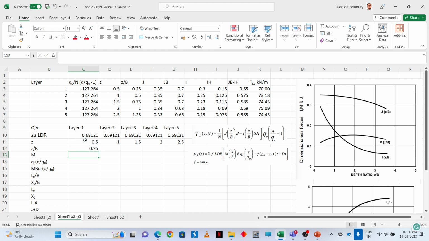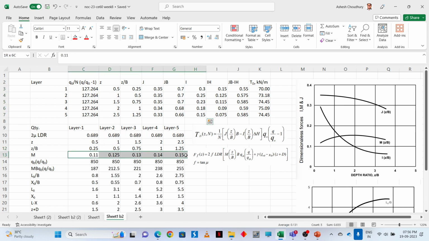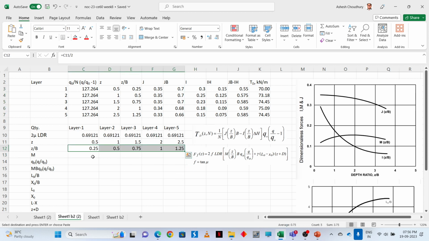Z by 2 plus B you are taking 2. Now M. Now M again we have to get for all these Z by B's. So say for 0.25 it's approximately how much, 0.11 or something. I will just copy the values from here. Okay, but these are also approximate.